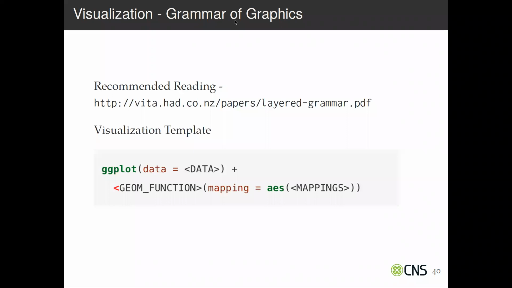We map different variables that are assigned through aes, aesthetic. So which is X, which is Y, which is Z, and how we want to group them, it's all assigned in mapping. The geom function tells us what type of plot, whether it's a box, whether it's a point, whether it's a line, so it's all assigned in the geom function. Again, you got your template, the rest, it's easy. You just change the function or change the mapping.